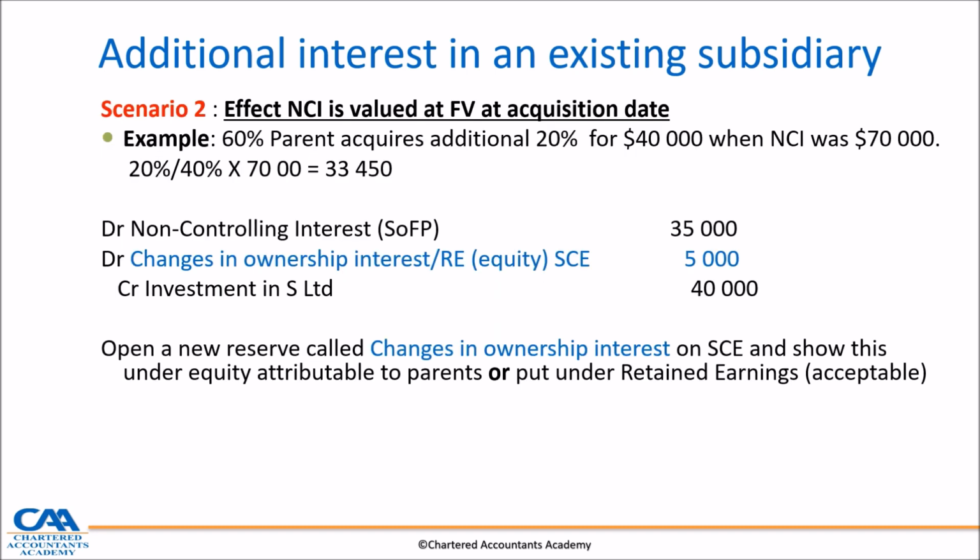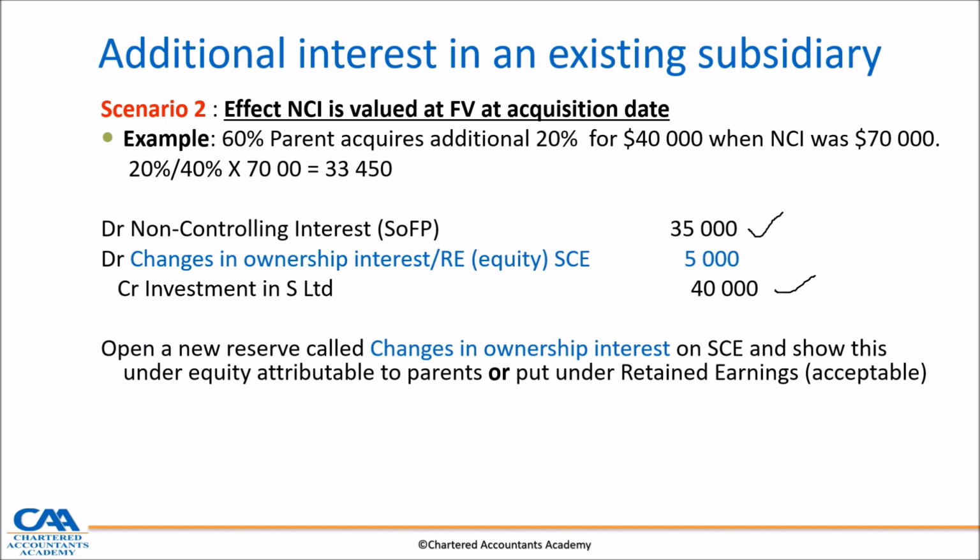Now, the best way to look at this is by an example. So 60% parent acquired an additional 20%, same example, for 40,000. NCI was 70,000. And we need to now say, initially NCI was 66,900, it's now 70,000, which means there is a goodwill component. And if we do our same entry, which means we've shared the NCI plus the goodwill, so we decrease our NCI in that case.